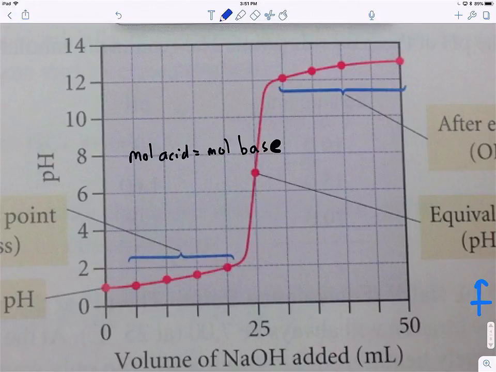Then you get this huge jump, and then there's an asymptote. As you add more and more base, it asymptotically approaches the concentration of the base that you're adding. If you start with 0.1 molar hydrochloric acid, titrating with 0.1 molar sodium hydroxide, there's an asymptote on the top that it'll approach towards a pH of 13, which is 0.1 molar sodium hydroxide.